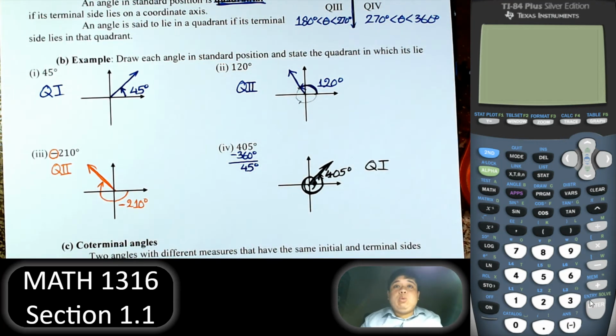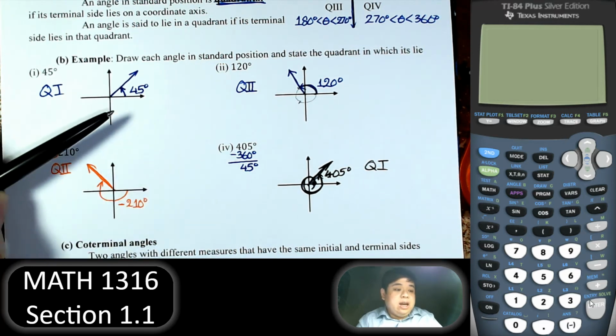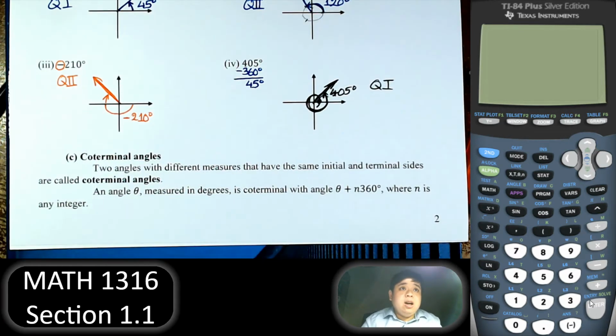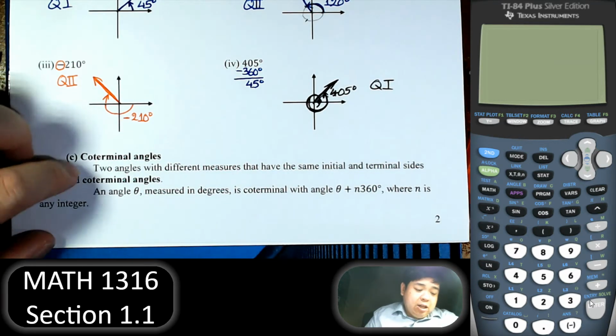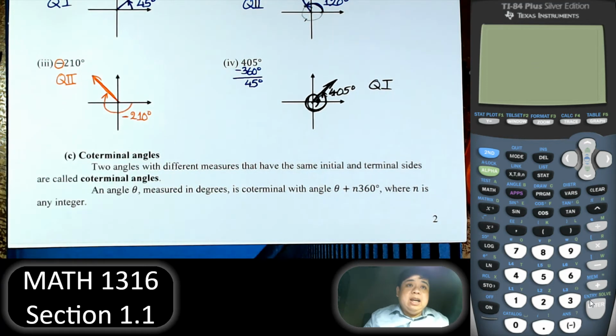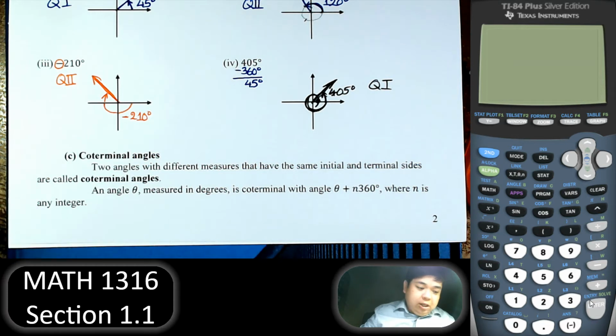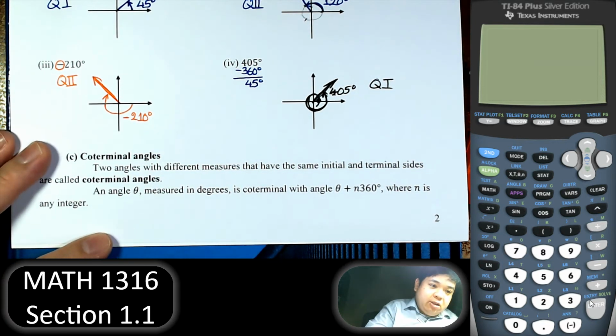So what we see here is that 45 degrees and 405 degrees have the same terminal ray, and there is a terminology for that. Coterminal angles are angles that have the same terminal side. Of course, in standard position, they have the same initial side as well.